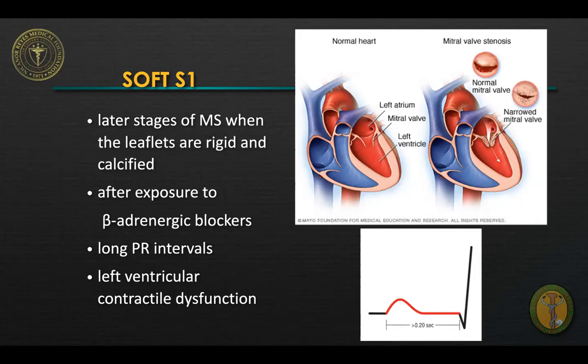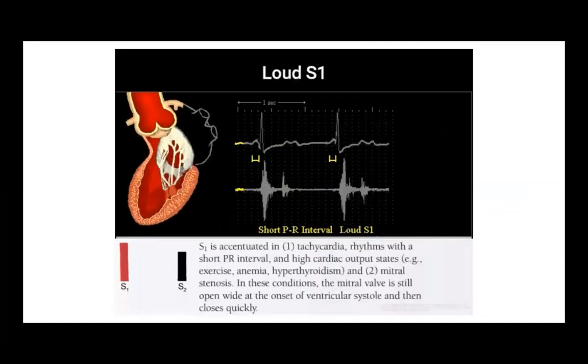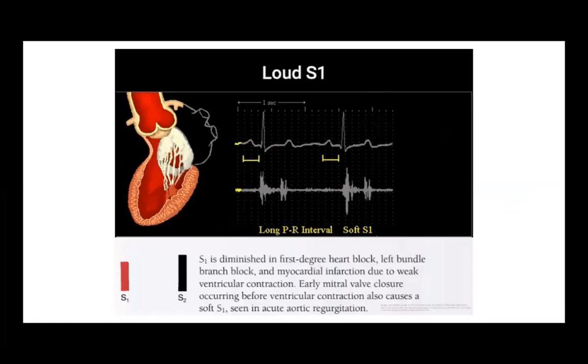This can also be heard in patients after exposure to beta blockers, patients who have long PR intervals, and those with left ventricular contractile dysfunction. Please listen carefully to soft S1 and loud S1.